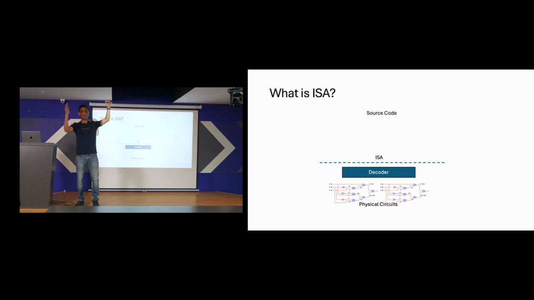This is a word that sometimes you will come across in the future. ISA is still machine language. It looks machine-ish. There's a physical decoder circuit that actually transforms that language into the underlying circuit.